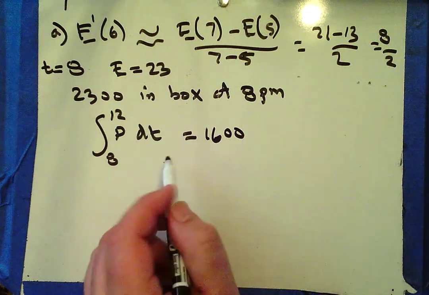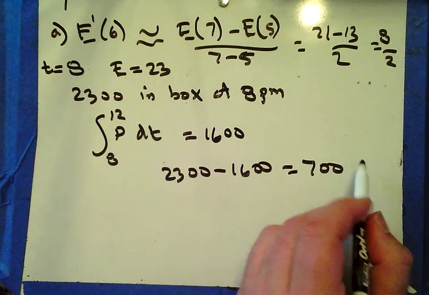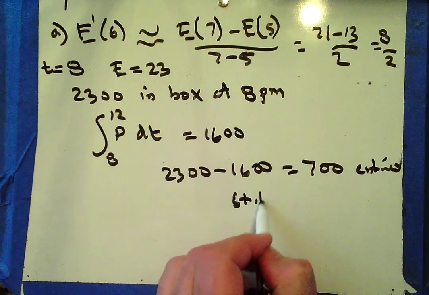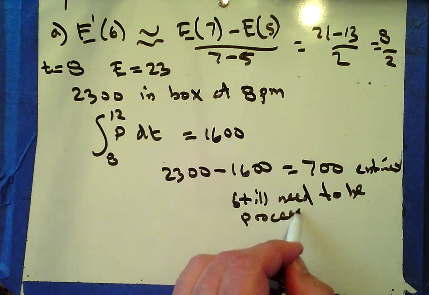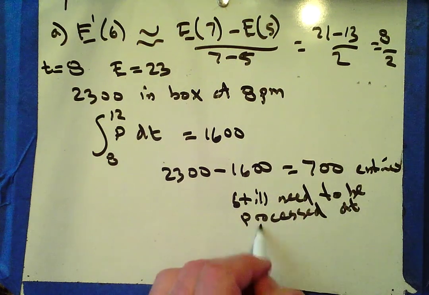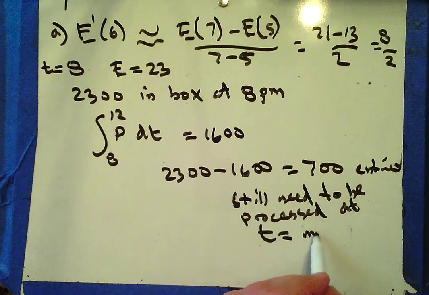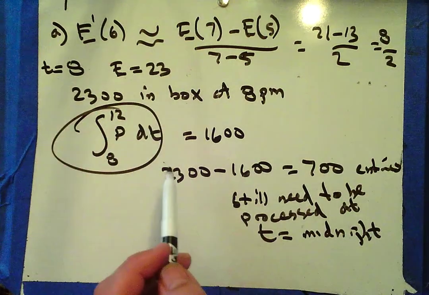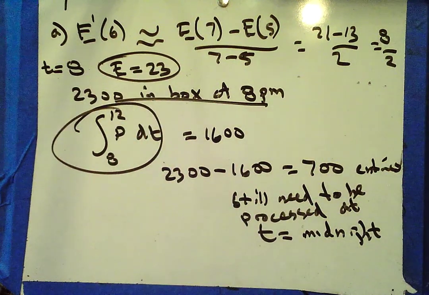And so how many are still in the box? 2300 minus 1600, or 700 entries still need to be processed at t equals midnight. Okay, so this gets done on my calculator. I had to understand and interpret the meaning of that number from the table. That helped me out for a minute, and then simply subtract the two.